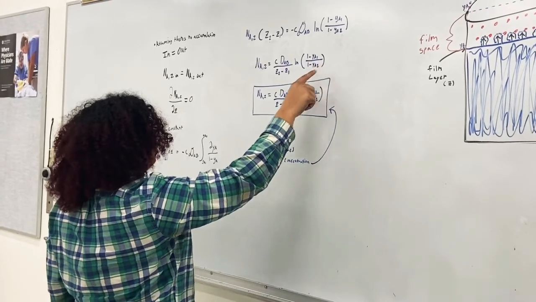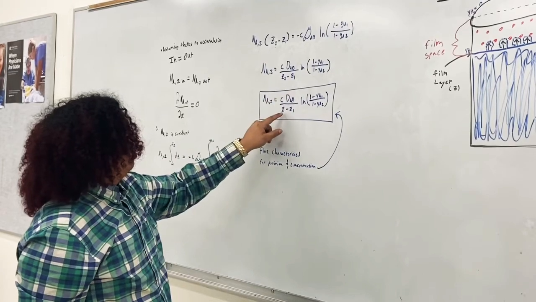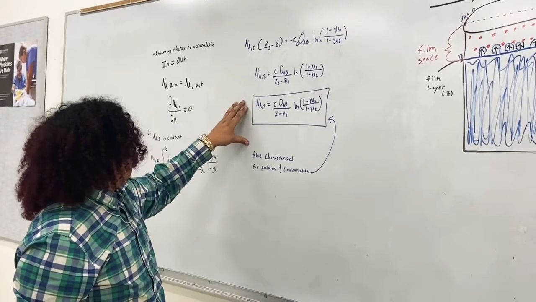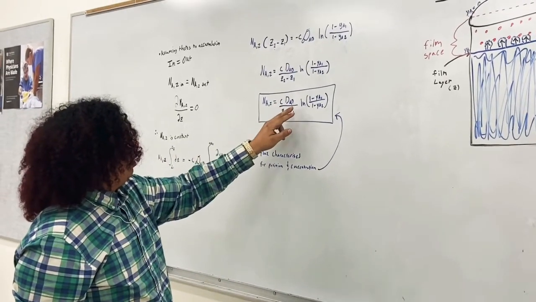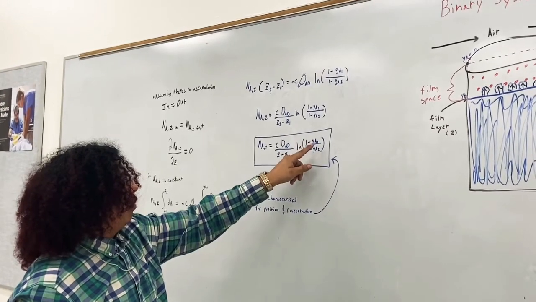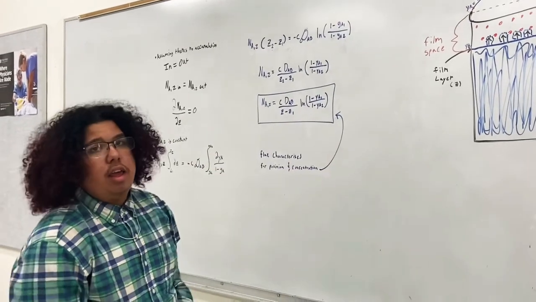And then from there, we can just drop the subscripts and you're left with the flux as a function of position and concentration. N of Z equals concentration times diffusivity of AB over Z minus Z1, natural log of 1 minus YA over 1 minus YA2. Thank you so much.